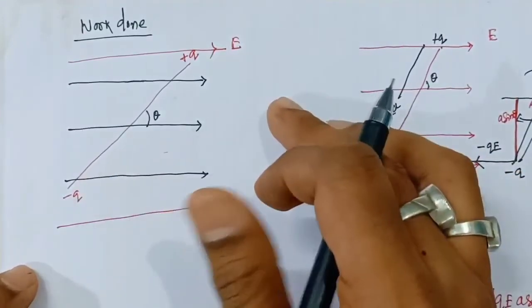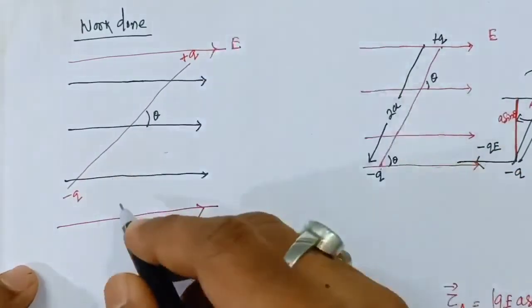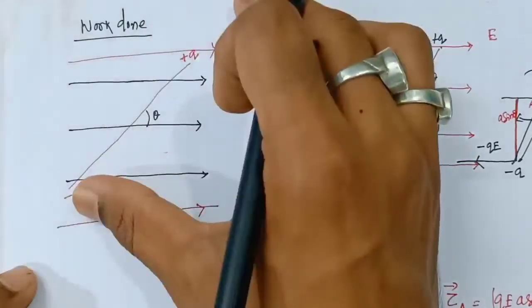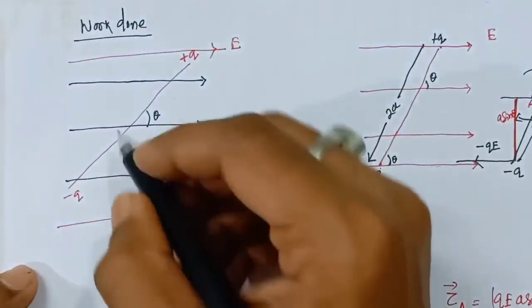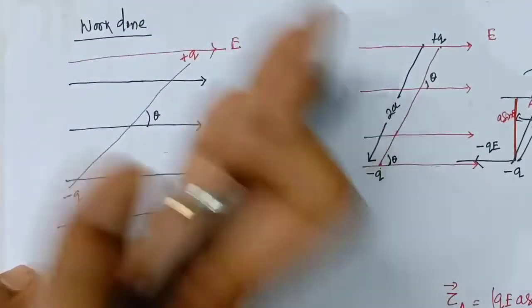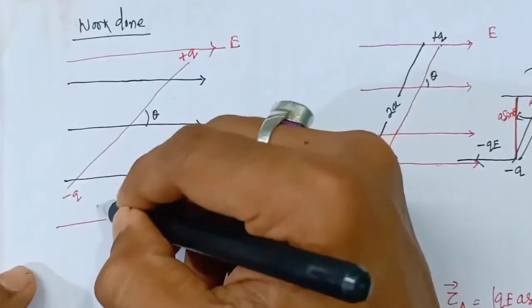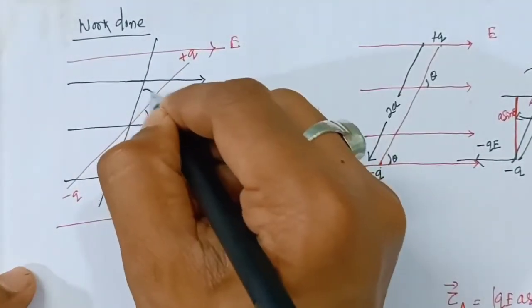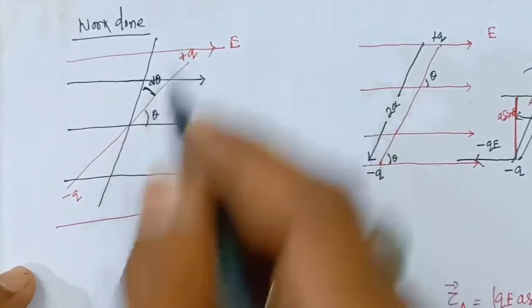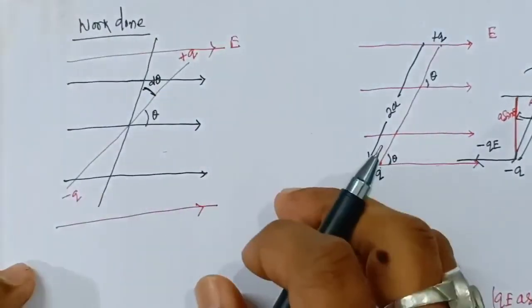This is also an important thing that students have to keep in mind. What will happen? I slightly rotate the dipole. Initially the dipole had some orientation. I simply rotate the dipole, a small rotation. Suppose now the dipole is like this. For a small d theta rotation in this direction, what will happen?